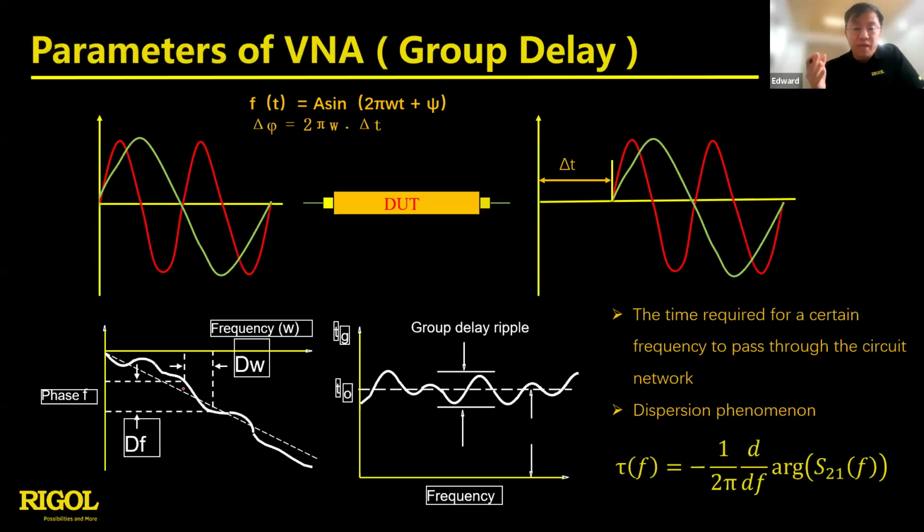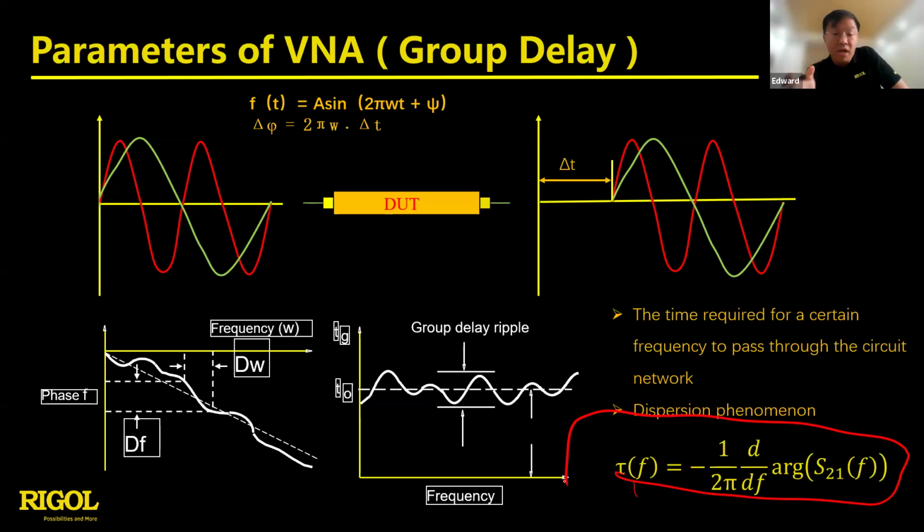This is a group delay. Group delay means that we can analyze more about the whole electromagnetic wave transmission behavior inside the waveguide or transmission lines. So these are the basic formulas. I will not go through it. If you have interest in this one, you can discuss with me after the presentation, or you can check any microwave textbook or electromagnetic wave theory textbook.